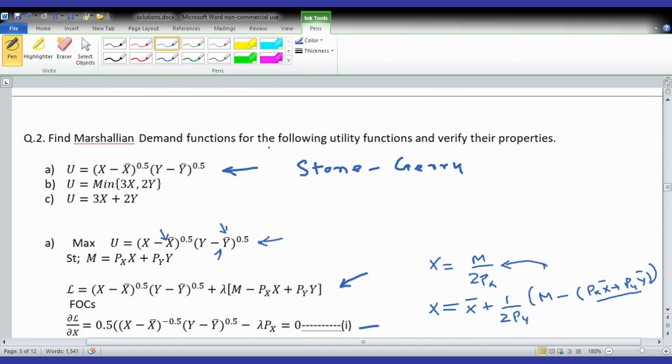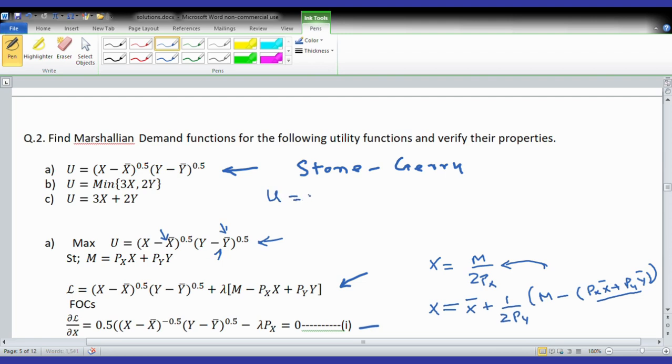Now look into this second utility function, u equal to the minimum of 3x and 2y, whichever is minimum. Just for the sake of your understanding, suppose that the person was consuming 2 units of x and 1 unit of y.